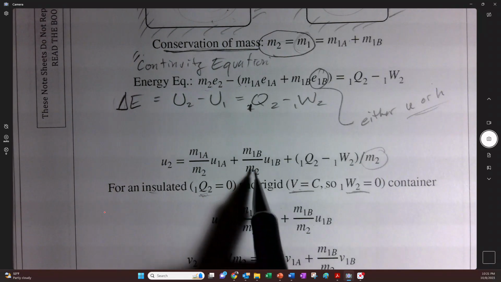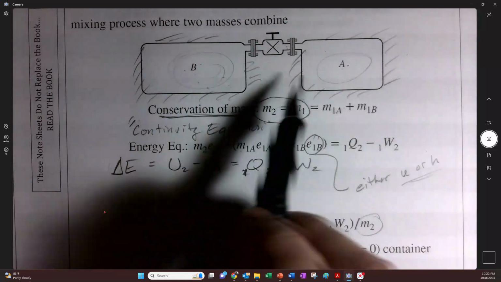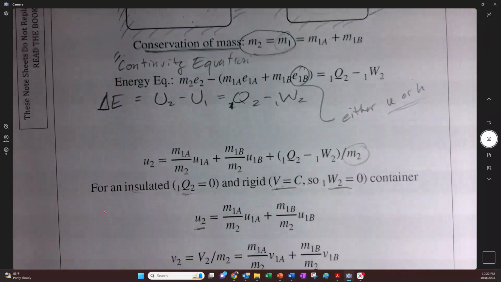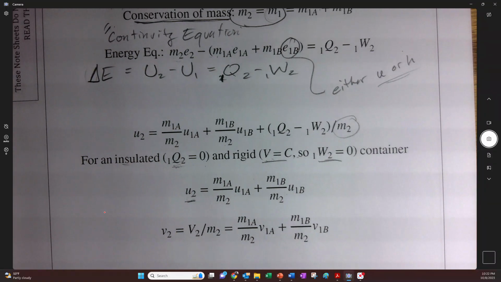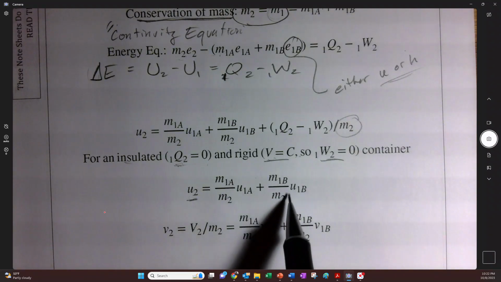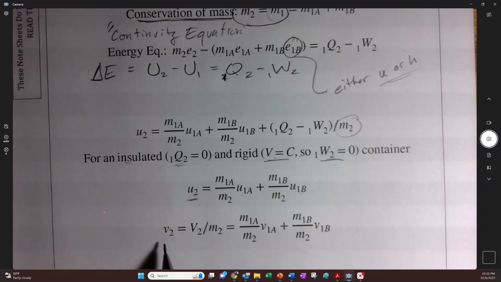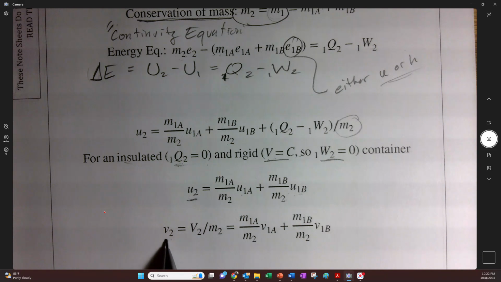All right. So anyway, from this, we could find the end result internal energy of the system, of both of these after they've come to equilibrium and are steady, by this mass fraction right here of them. And when we're done, another thing to keep in mind, we can find what the specific volume will be.